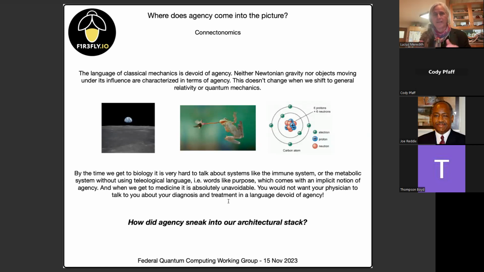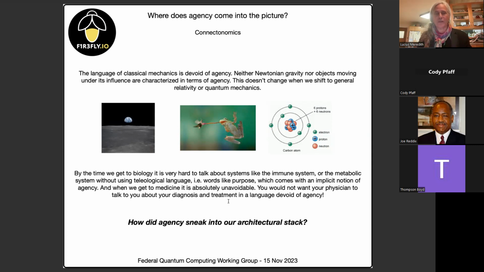So the immune system has the purpose, or the function, of defending against invaders. That's a very natural thing to say. And if you were to go visit your physician and your physician used agency-free language to describe your treatment or your diagnosis, you would be really creeped out.